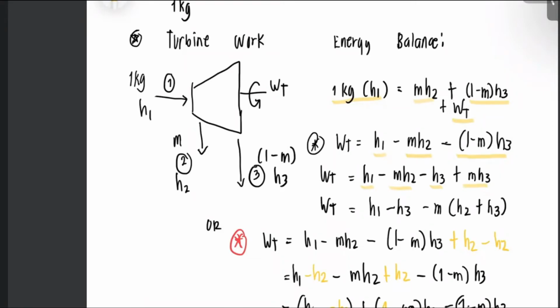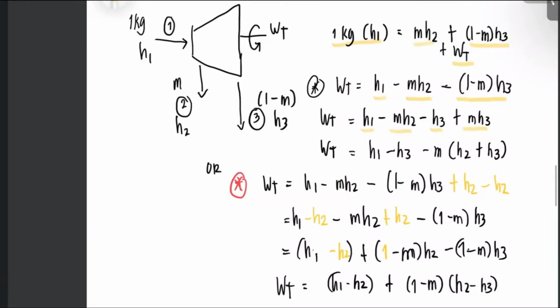So, we have now H1 minus H3. Ito na class. And the M now is, factor out mo muna, so kinuha yan dito, MH2 and the MH3. This is now addition.